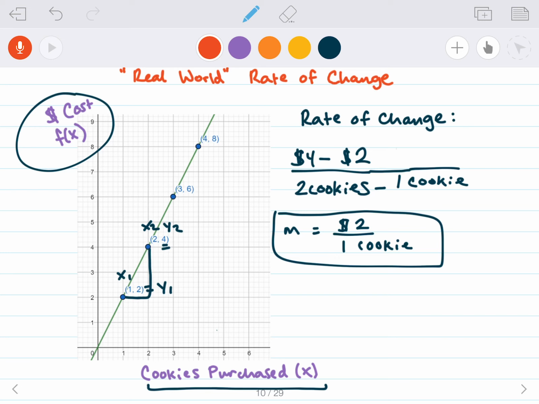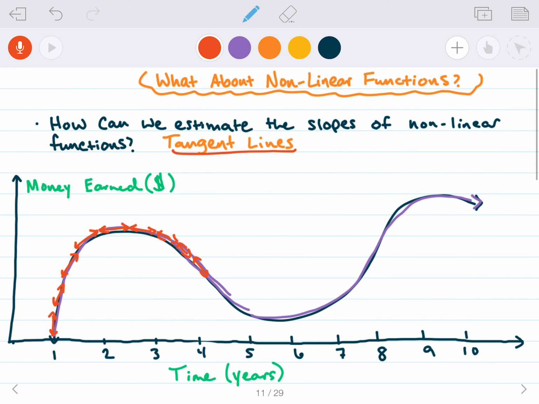The rate of change is always the same. If you buy 100 cookies, you know exactly how much you're going to spend. That's why this linear function is so easy to work with. But here, we have this function and the slope is constantly changing depending on where we are on this curve. It's changing at every point.